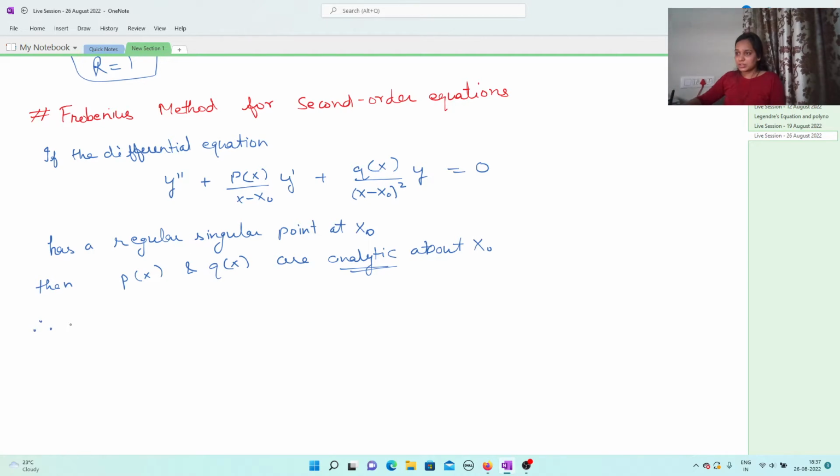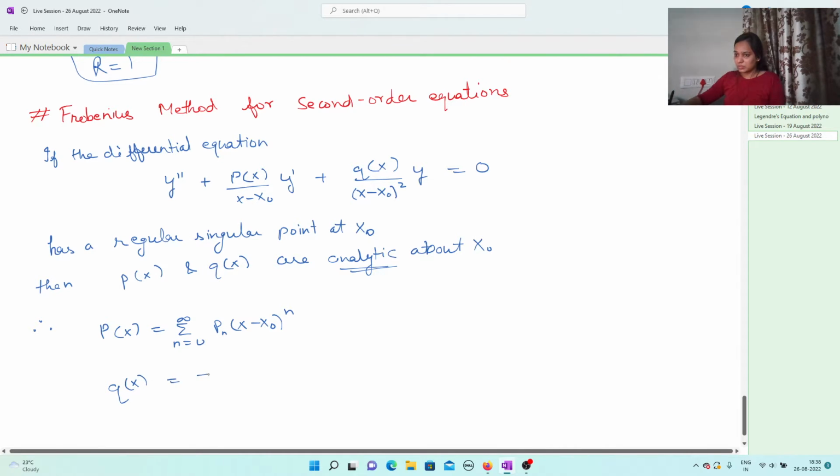Now if they are analytic about x0, we can expand this p of x and q of x in Taylor series about x0. Therefore, we can write p of x as summation n equals 0 to infinity pn x minus x0 to the power n, and q of x as summation n equals 0 to infinity qn x minus x0 to the power n.